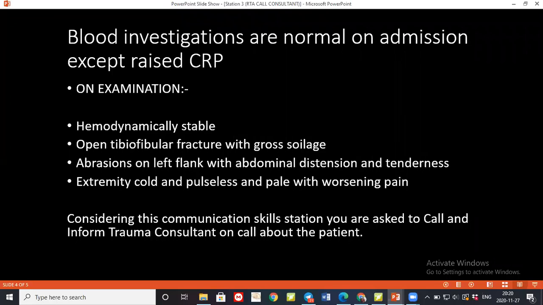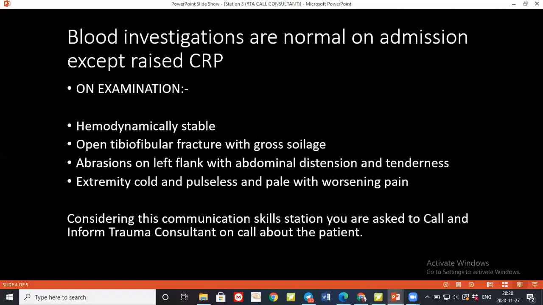Okay. So, who are the people you would like to involve in your team at the moment for this patient's management? I would like to involve the general surgeon, the anesthetist, orthopedician, the ITU registrar, and the cardiovascular surgeon as well. Any other? Anyone else?